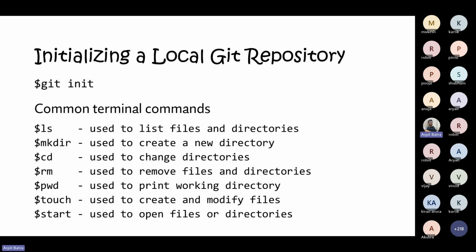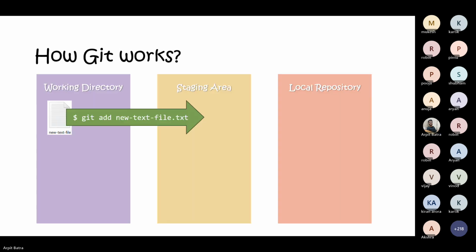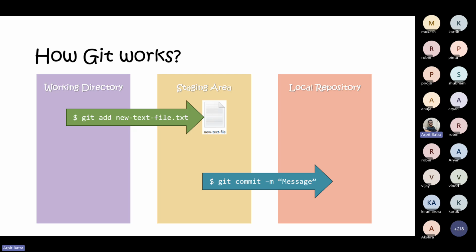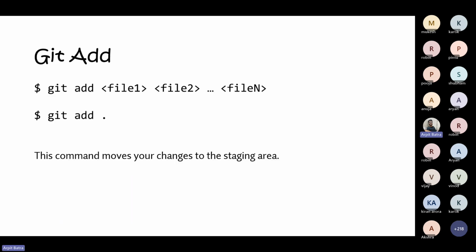Then we have the next slide, how Git works. You can see in the picture, the first is the working directory, then we have the staging area, then we have the local repository. As you can see in the slide, it shows easily how Git works. I think I don't need to read this.